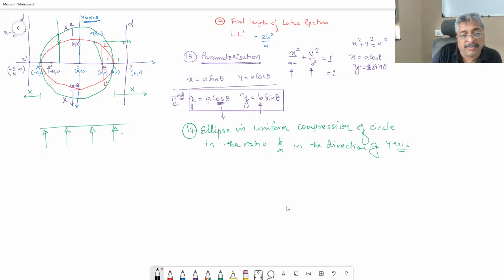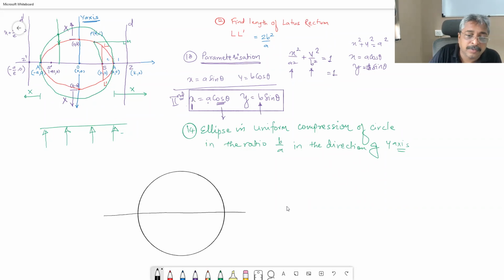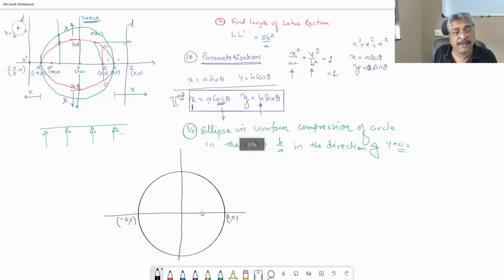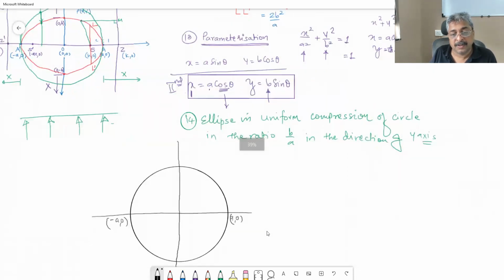Every time I draw a circle, it doesn't become a circle. This is your circle with a comma 0, opposite of a comma 0. This is the most important discussion because otherwise you will make so many errors.